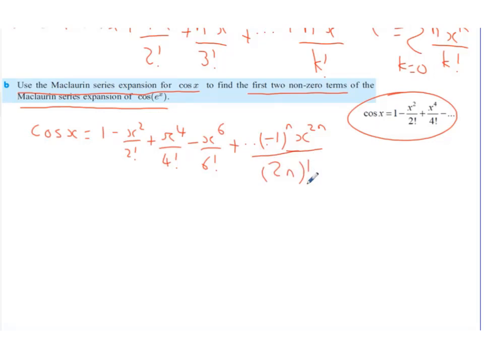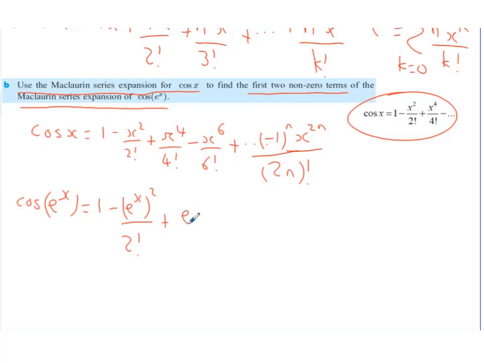Now, do keep in mind, now we can apply this to find cosine e to the x. So cos e to the x. And remember, we're just trying to get an idea for what's going on. And then we're hoping that the next step for finding these first 2 non-zero terms will become apparent. So it's going to be 1 minus x squared, so that would be e to the x squared over 2 factorial plus x to the 4 over 4 factorial.